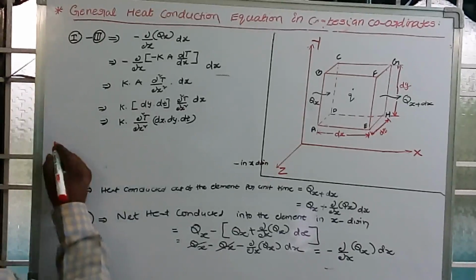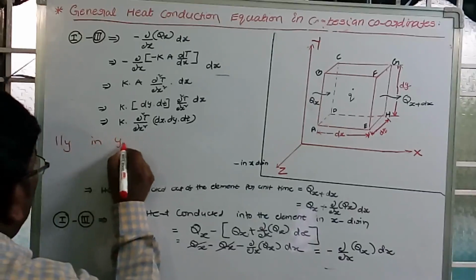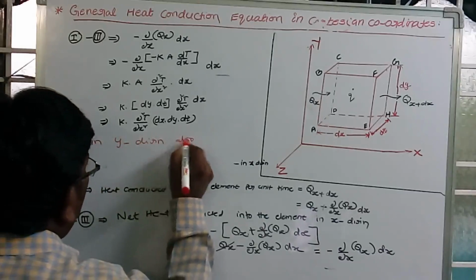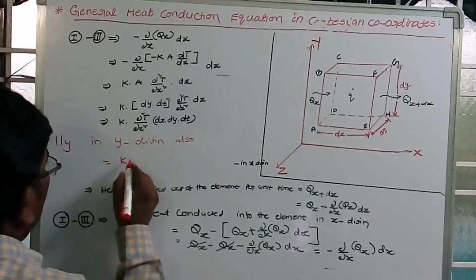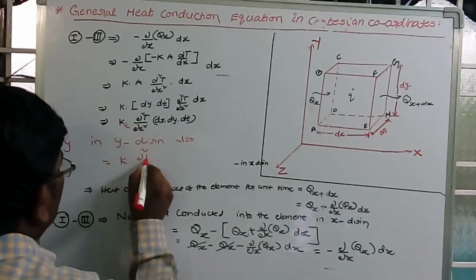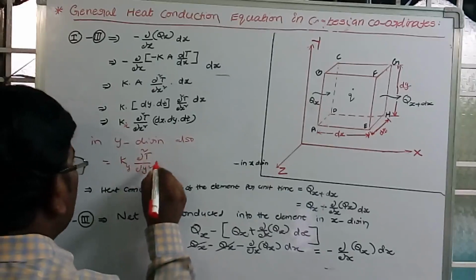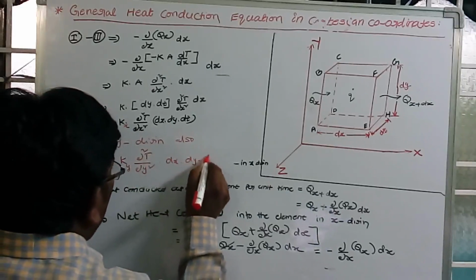Similarly in the y direction also, that is equal to ky into dou square T by dou y square into dx dy dz.